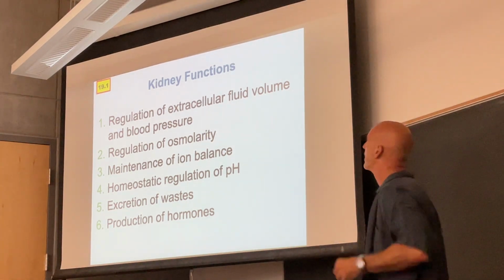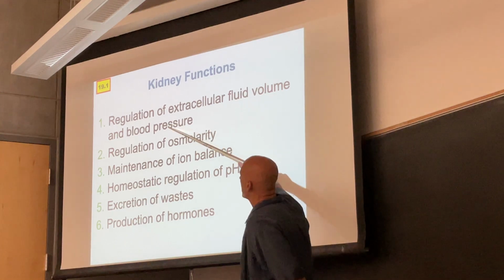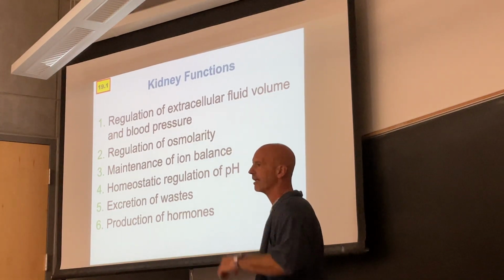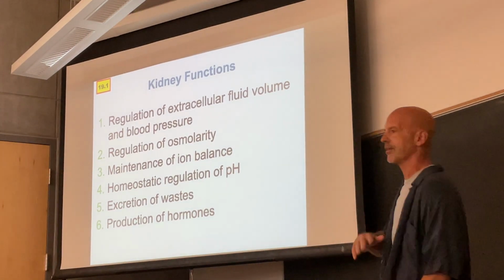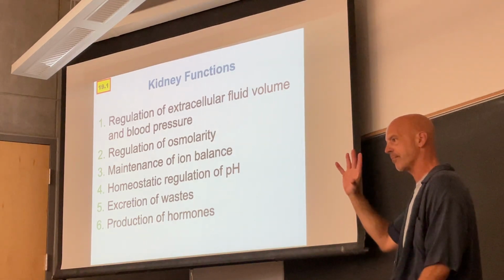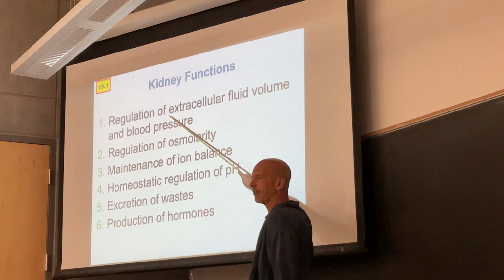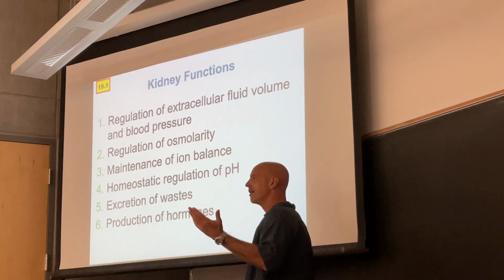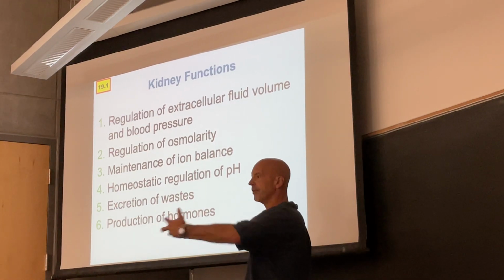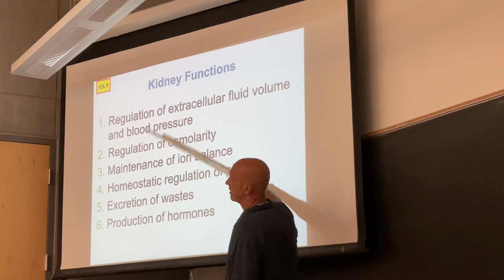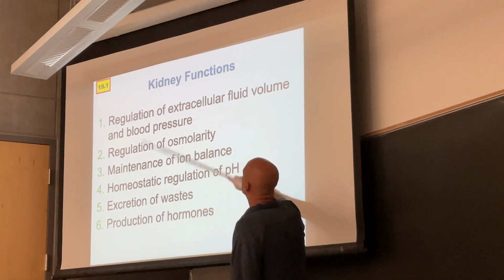When you have a lot of fluid in here, your blood pressure is high. Your kidneys can deal with that by regulating how much water you get rid of. The more water in your blood, the higher blood pressure is. So if your blood pressure is too high, you can pee more. If it's too low, you conserve more. Basically, that's one of the things the kidney does to help you.